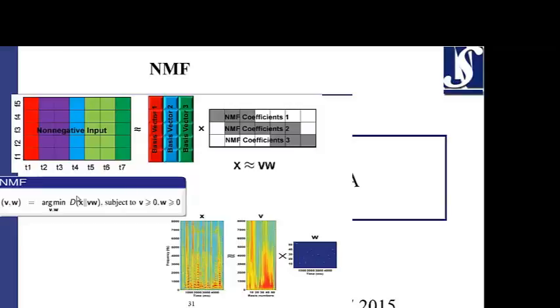You get the dictionary of the atoms, and you see that the weights are sparse. These are the entire weights, the dimension of the weights, but you see that just sparsely there are some active weights that you can see here. But in general, at every time instant this should be close to the signal based on the Kullback-Leibler divergence, and they should both be positive. That's the idea of NMF, and the story of BSS finishes here.